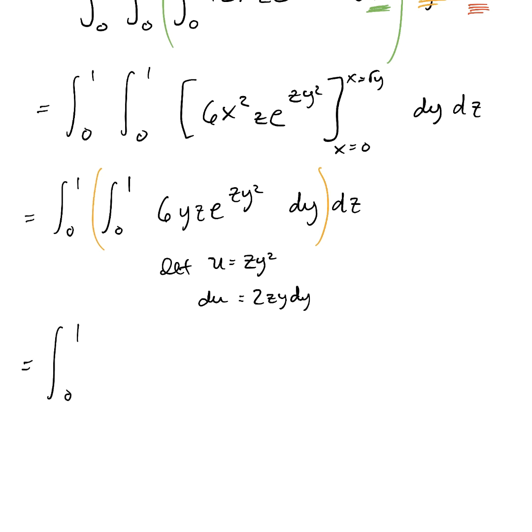There's going to be some limits of integration. We'll worry about those limits in a second. Let's figure out what the function transforms to. So du is 2zy dy, and here's a zy dy.